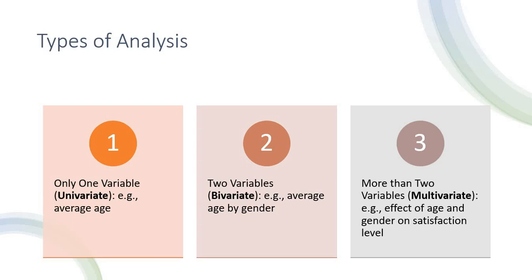However, you must keep in mind that univariate, bivariate, and multivariate indicate the number of variables you are analyzing together. This analysis can be both descriptive and inferential. So, univariate analysis can be descriptive and it can also be inferential. Bivariate analysis can also be either descriptive or inferential, and multivariate analysis can also be both descriptive and inferential.